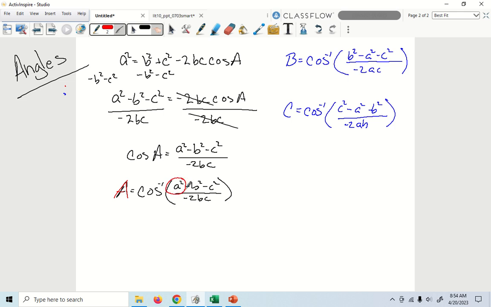A. That's A squared, and the other ones are minus. When solving for B, the next two letters don't matter. If you went CB over here, they'll be fine. But there's a reason why it's a pattern. Just keep doing it over and over again. If you're solving for B, my first letter here is B. Solving for C, the first letter is C.